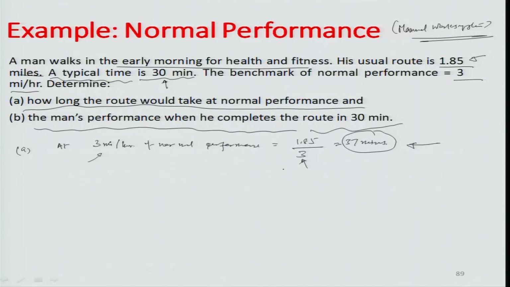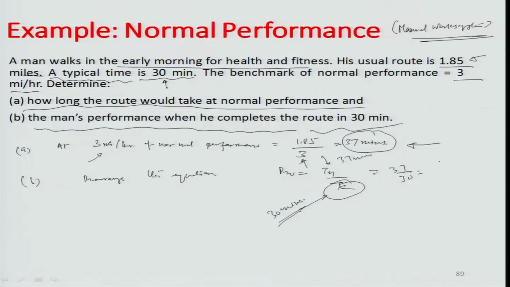Okay. So, if we wanted to compare how we calculate that efficiency, we will simply rearrange the equation mentioned earlier as Pw equals Tn by Tc. Here the Tc value is the time taken by the individual, which is 30 minutes, his cycle time is 30 minutes, and the Tn for a normal individual is about 37 minutes. So, obviously, he is about 23% more efficient. Okay.